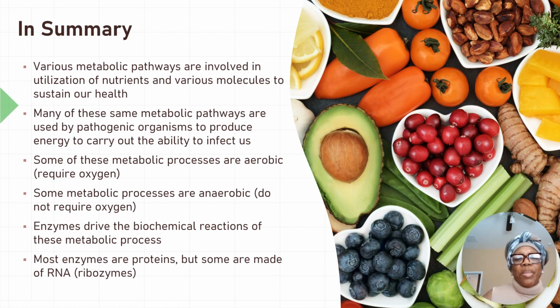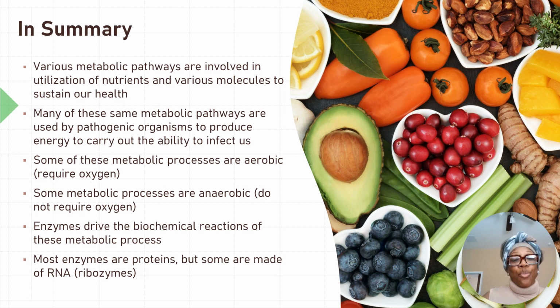So, in summary, various metabolic pathways are involved in utilization of nutrients and various molecules to sustain our life. But also, many of these same metabolic pathways are used by pathogenic organisms, in other words, organisms that can cause infections and disease, to produce energy to carry out the ability to infect us. Some of these metabolic processes are aerobic, which means they require oxygen.